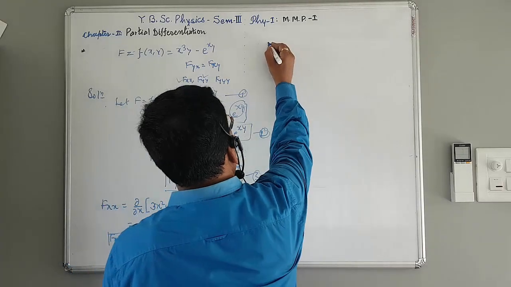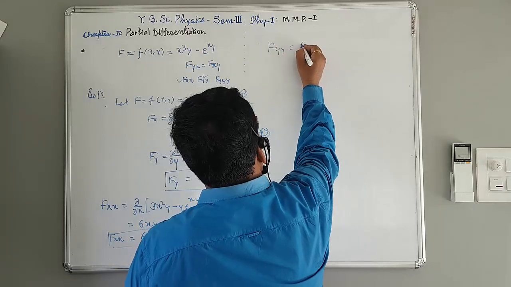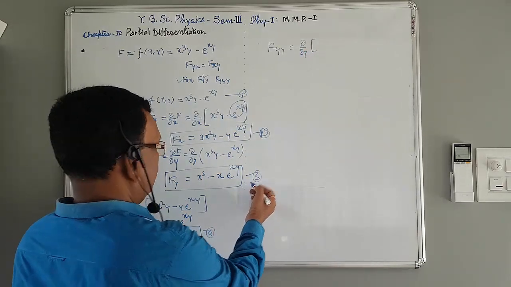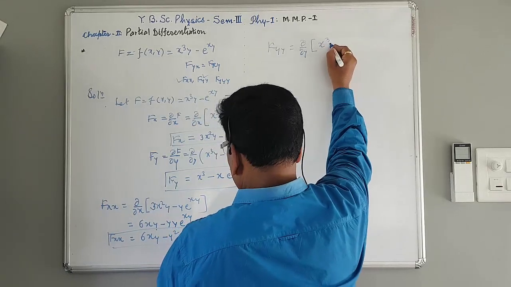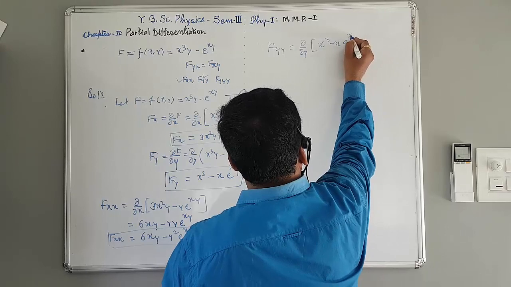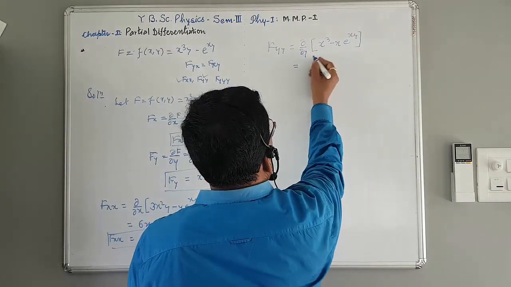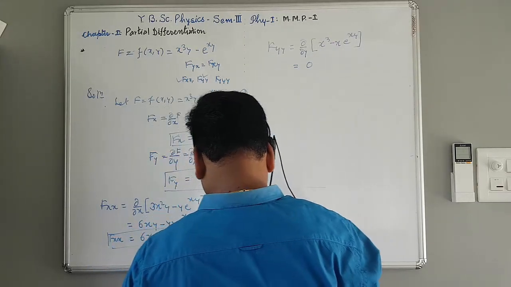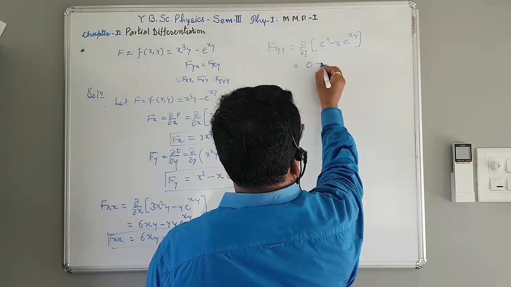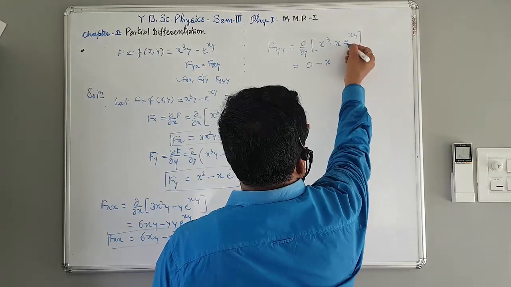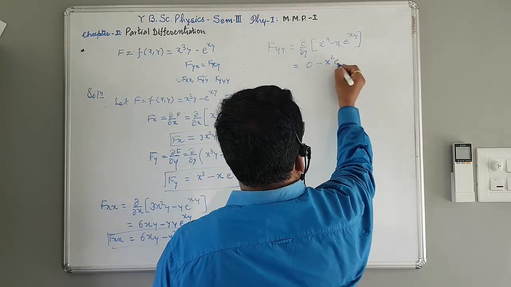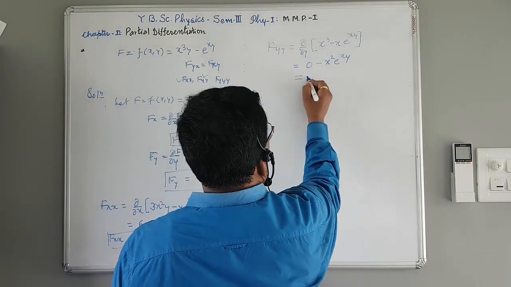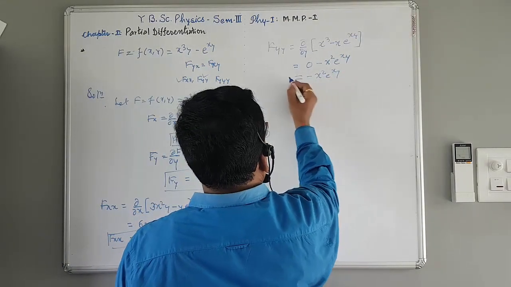In similar way we can find f_yy, that is ∂/∂y of the derivative of this term, x³ − x e^(xy). Simplifying this, the derivative of x³ with respect to y is 0, and minus x times the derivative of this, x times x² e^(xy)... or simply −x²e^(xy).